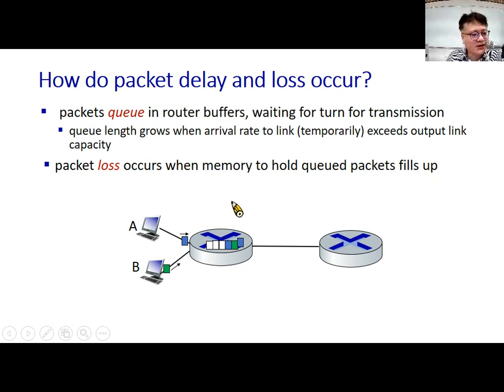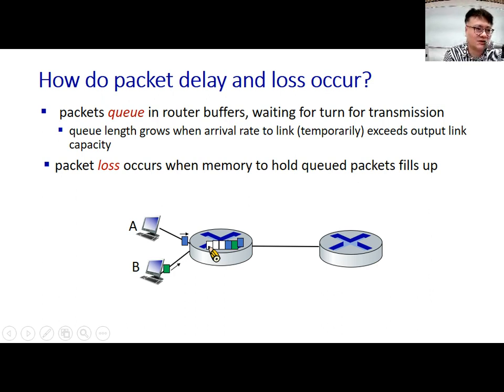The second is about when the transmission will be lost. Packet loss occurs when the memory that holds the queued packets fills up. For example, if the buffer is already full, then what happens?